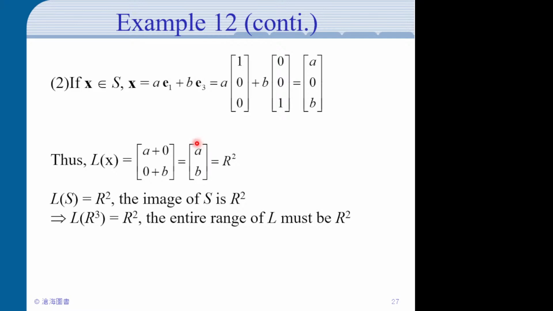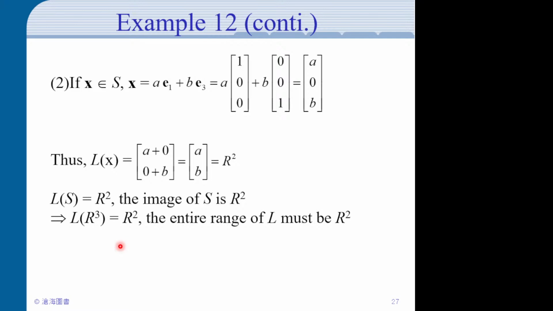So we see that the image of this subspace S is everything in R2, and obviously the range will also be everything, because you are mapping a bigger set R3. This set includes this S, so the range must also be everything.